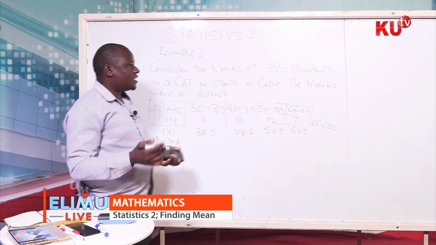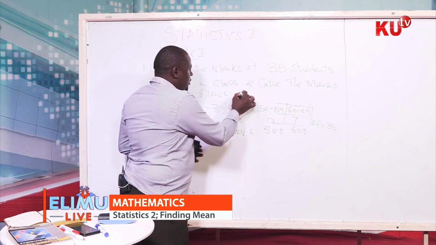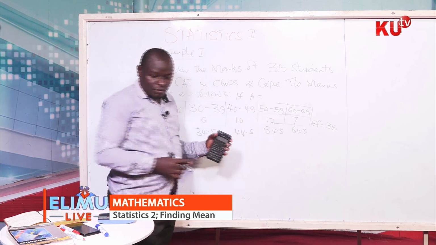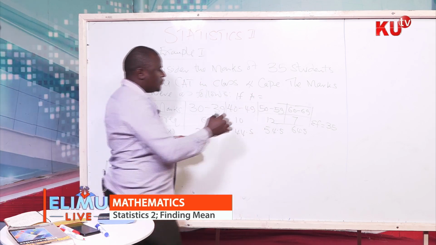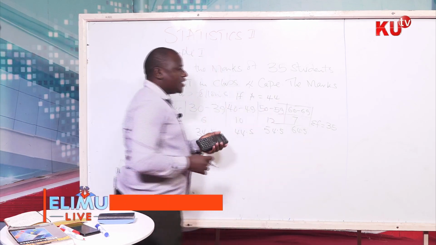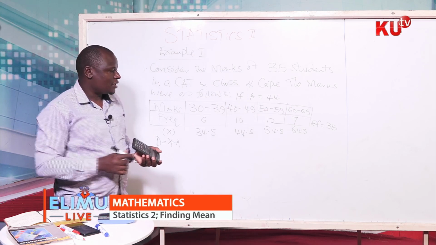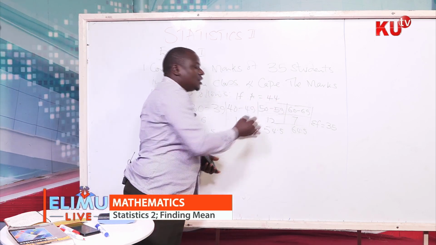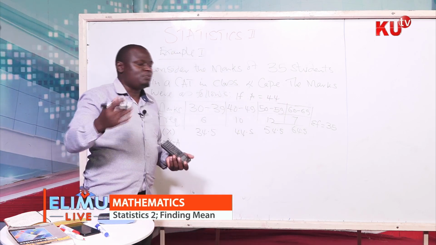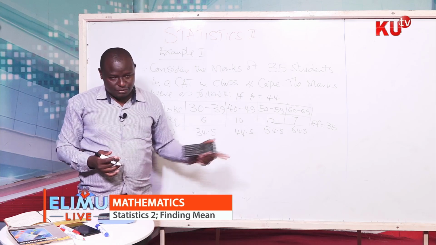Why will they give us A or assumed mean? If A is, I want to give us A is 44. The examiner will give us assumed mean. A is assumed mean. Why will they give us A? Because we don't want to end up with so many different answers in the columns.